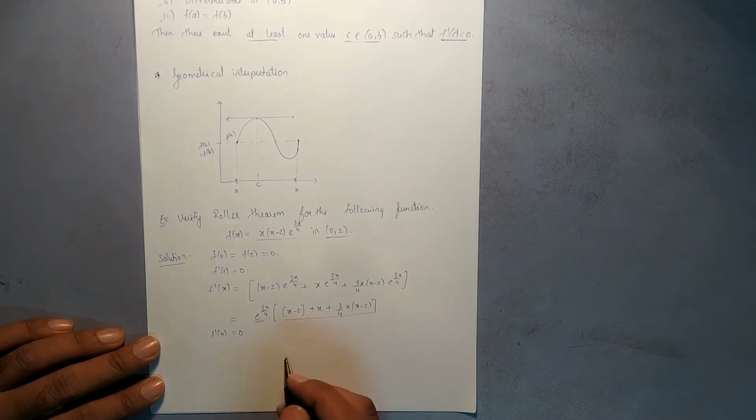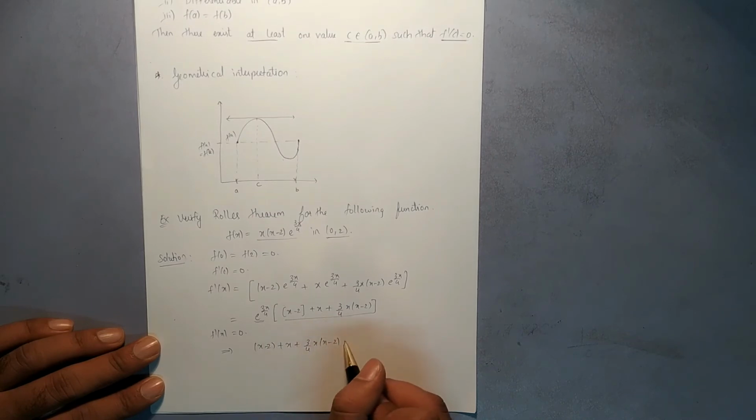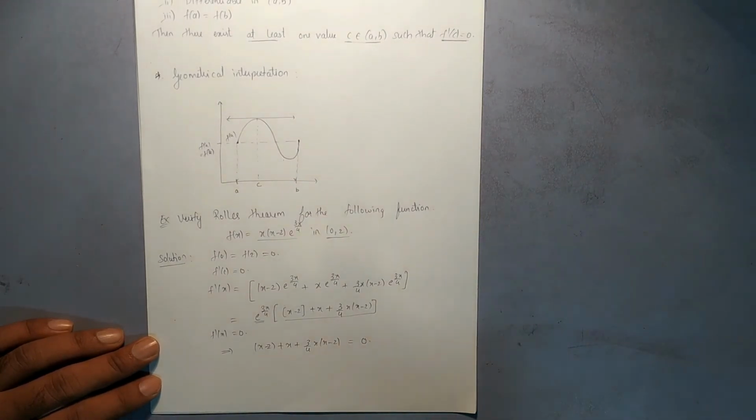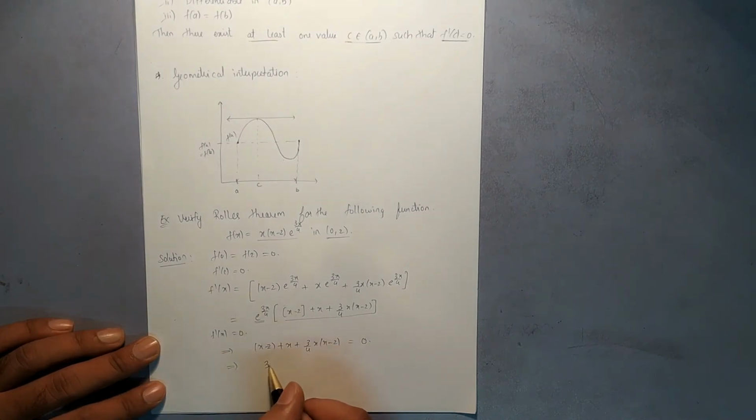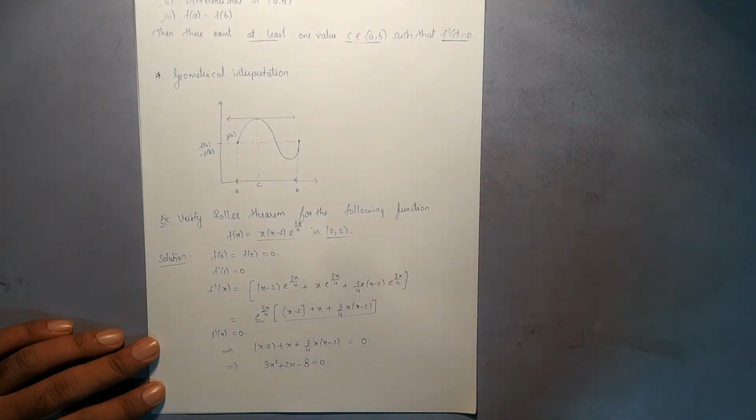So this implies x minus 2 plus x plus 3 upon 4 x into (x minus 2) is equal to 0. If we solve this, we get a quadratic equation 3x square plus 2x minus 8 is equal to 0. Now this is a quadratic equation in x.